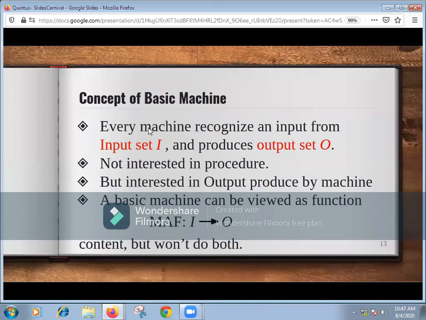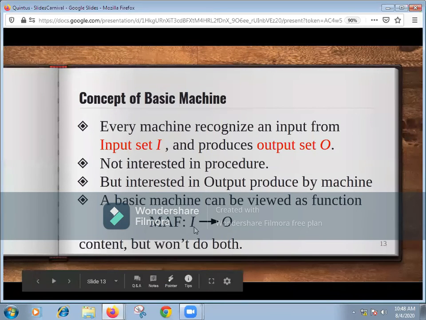Now, after this terminology, we are going to start with the concept of a basic machine. Every machine recognizes an input from input set I and produces output set O. As I told you yesterday, in the theory of computation we are interested in machines for whatever is the input and whatever output is produced.